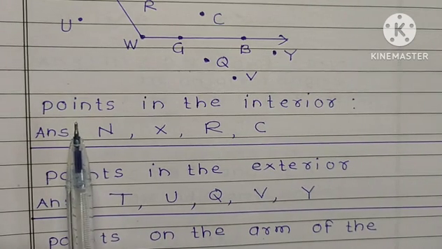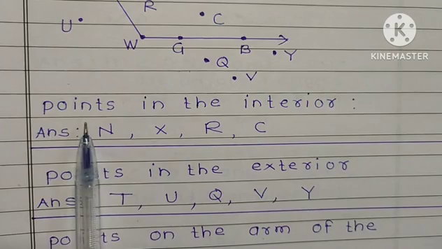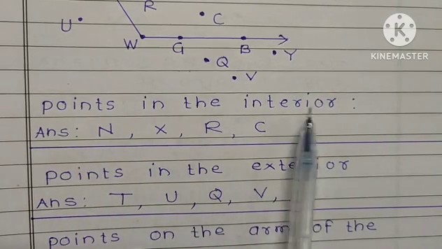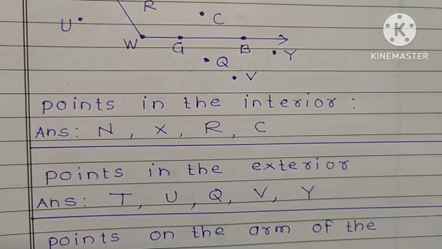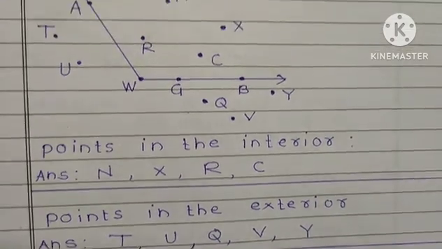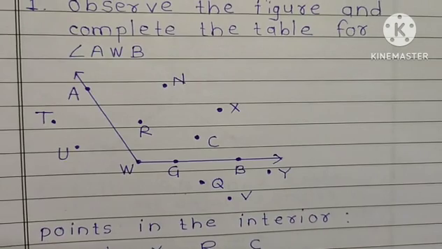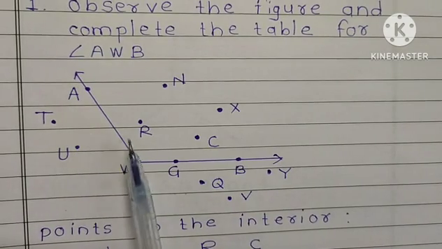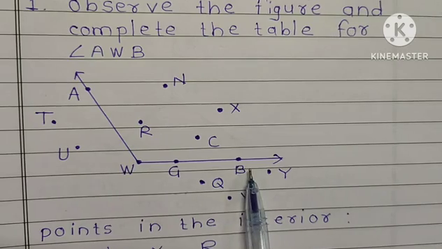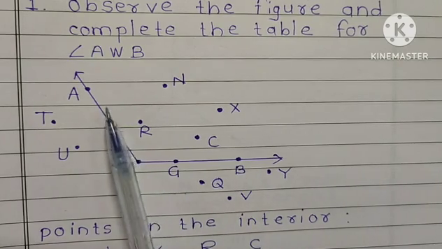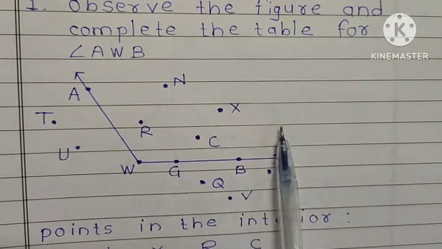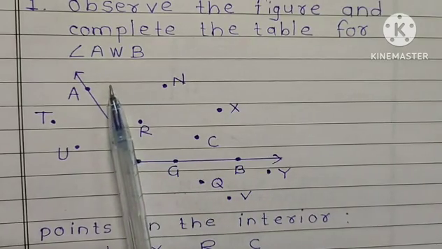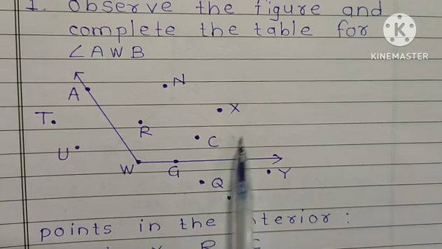In the table, first is points in the interior. So, observe the figure. This is angle AWB and this is the interior of angle AWB.